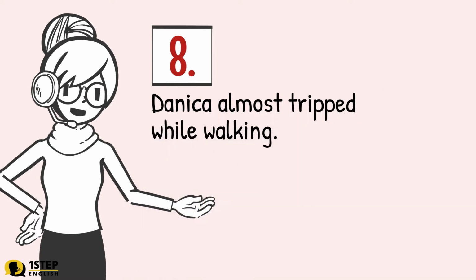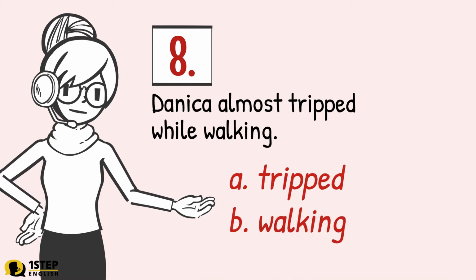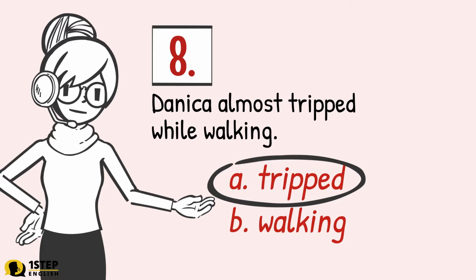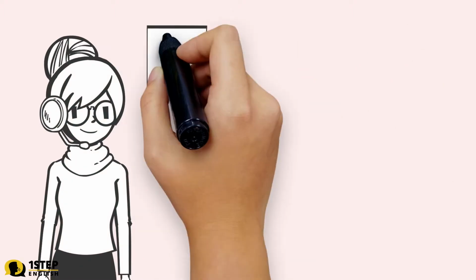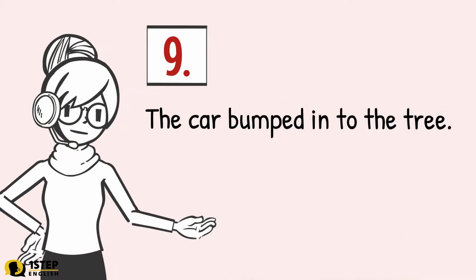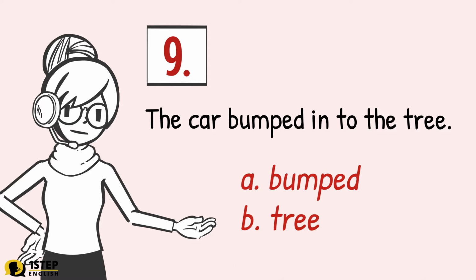Danica almost tripped while walking. Letter A. Tripped. Letter B. Walking. The correct answer is letter A. Tripped. It is a predicate in the sentence. The car bumped into the tree. Letter A. Bumped. Letter B. Tree.